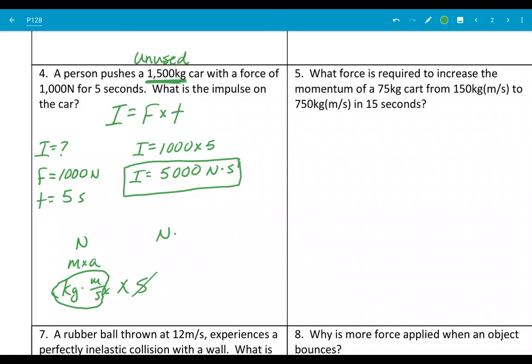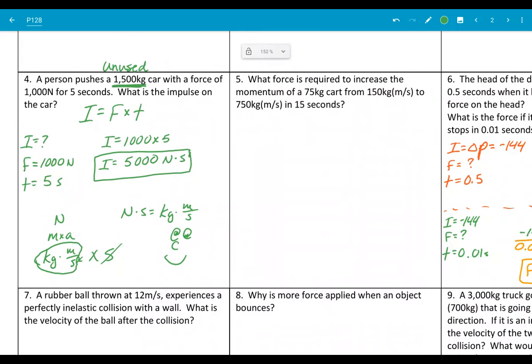So a Newton second is actually the same thing as a kilogram meter per second. But that's just weird stuff about units, and Mr. Mudry likes that.